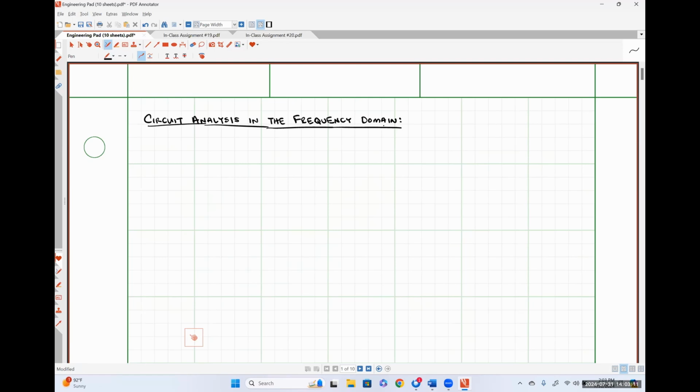So in our last class meeting, we analyzed the following circuit where we had a current source, Is of t, connected in series to a 5 ohm resistor, which was then connected in series to a 1/2 Henry inductance.